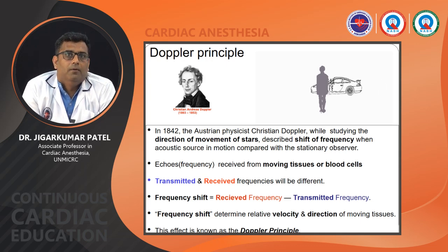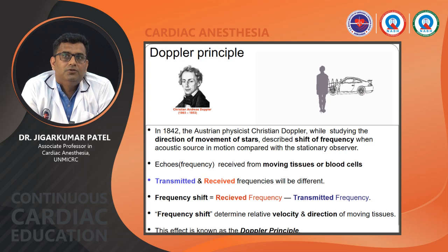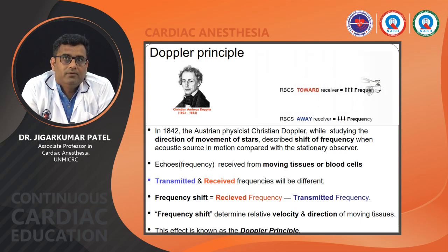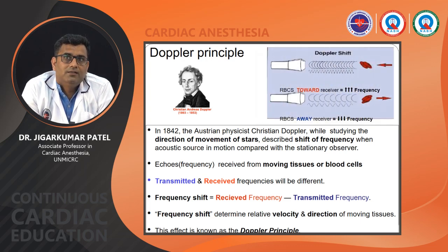So echoes produced by moving tissue and blood cells have a different frequency. If these blood cells move toward the probe, the receiving frequency is more than the transmitted frequency. Similarly, if the red blood cells move away from the transducer, then the receiving frequency is less than the transmitted frequency.